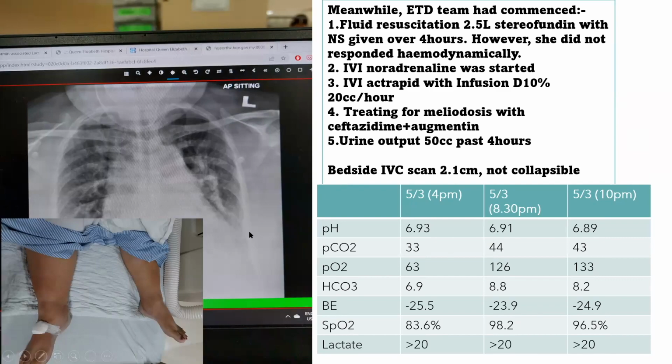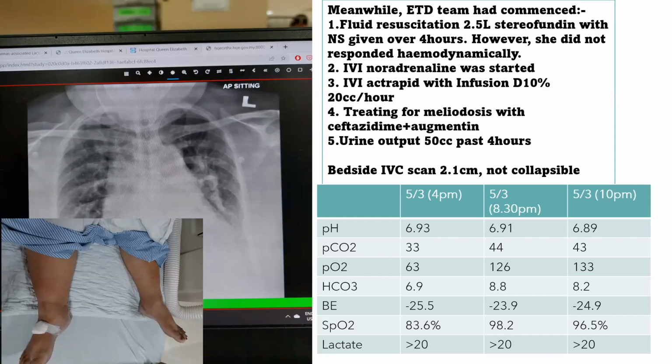In fact, there's no guideline to say how much fluid is safe to give. But in the NICE guideline for fluid resuscitation, you should challenge a patient that you suspect is under-volume with 500 cc of crystalloid within 15 minutes and see the response. But if you give more than 2 liters, you should seek expert help already.